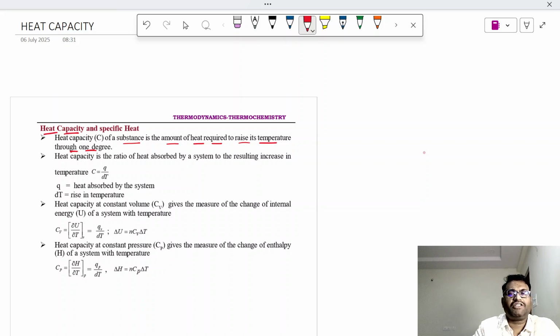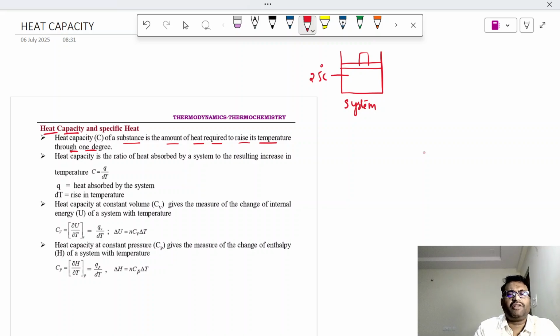For example, let us take a system. This is a substance or a system. We are taking some gas in a cylinder, a system or a substance. Any substance we can consider. So the initial temperature is something like 25 degrees centigrade.